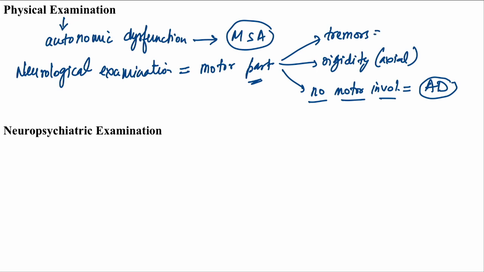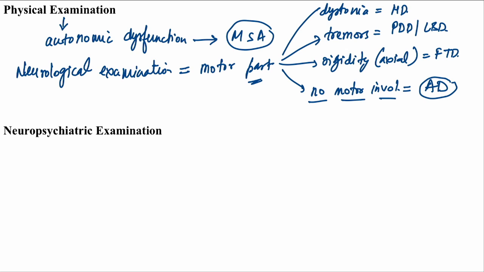If there is tremors, it will point towards Parkinson disease with dementia or Lewy body disease. If it is rigidity, it points towards frontotemporal dementia. If there is dystonia, it will point towards Huntington disease. So these are the important points in neurological examination.